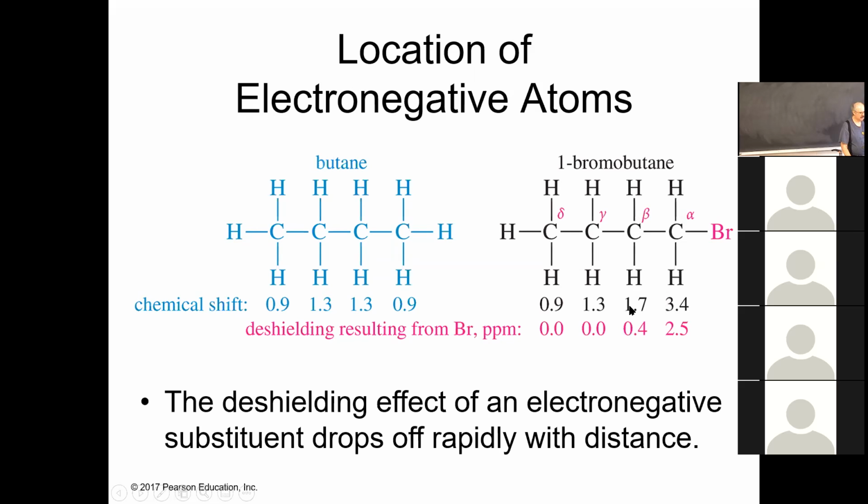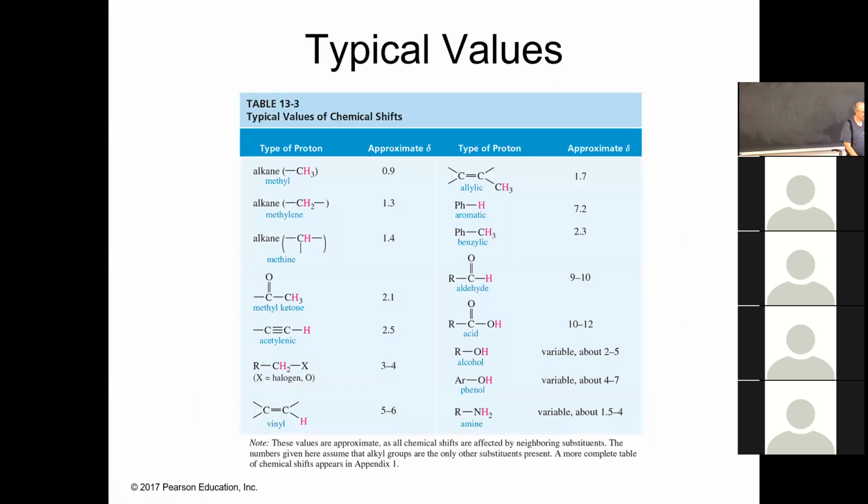The beta hydrogens 1.7, gamma hydrogens 1.3, and notice with butane, that's the same value. So the effect of the bromine is completely gone by the time you get to the third and fourth carbon. The effect drops off very quickly with distance.